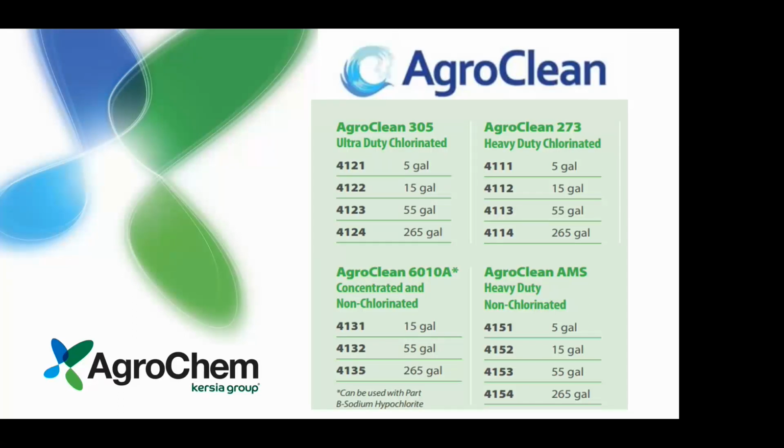We see it used up to a strength in the 1200 to 1500 ppm range. There isn't really a large need to go much above that in most traditional pipeline cleaning systems, and not having to get into a situation where you are causing additional corrosion or problems with the systems.